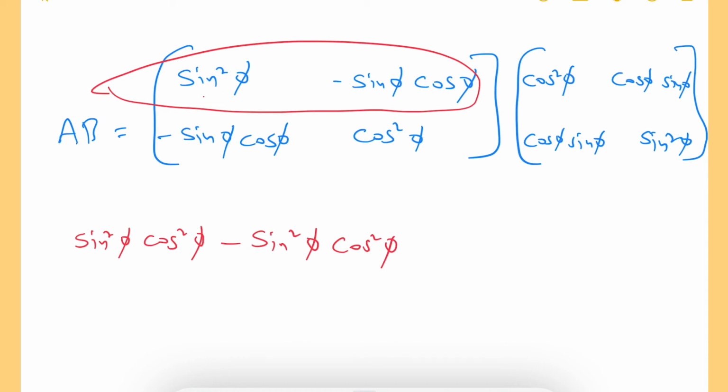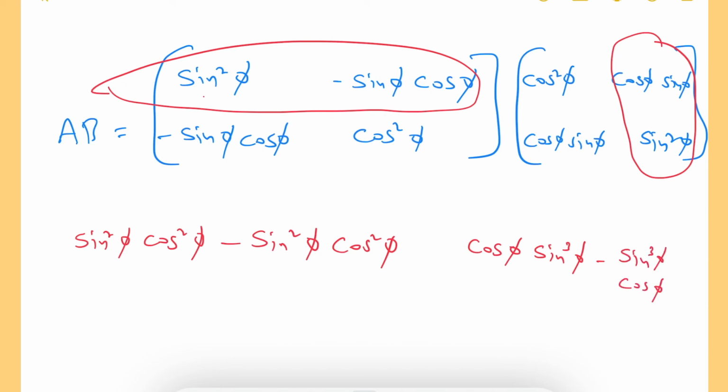Next, first row second column: sine square phi into cos phi sine phi gives cos phi sin cube phi. Next, minus sin phi cos phi into sin square phi gives minus sin cube phi cos phi.